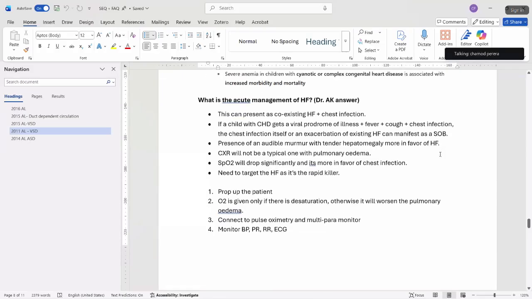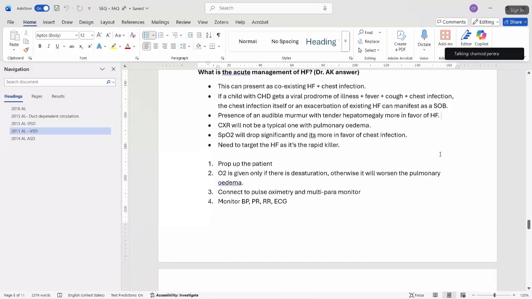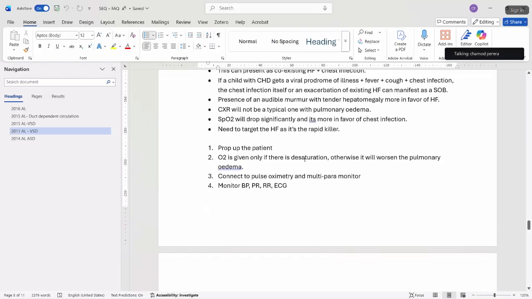Right. So mainly regarding the management, first of all you need to position the patient, prop up the patient. That has to be written. Even if they are kids, you need to prop up the patient. Giving oxygen is a tricky thing in this pediatric population because it can cause desaturation, because oxygen is a potent pulmonary vasodilator, so that can increase the vasocongestion in the lungs, right?